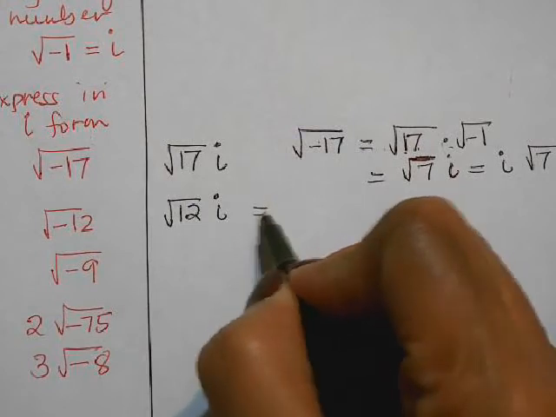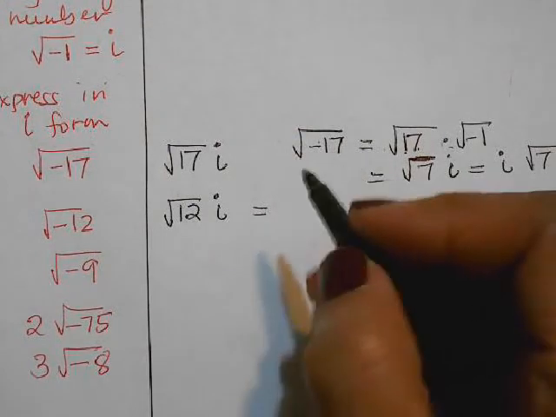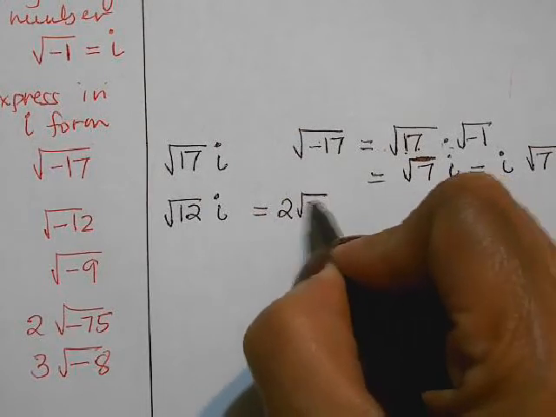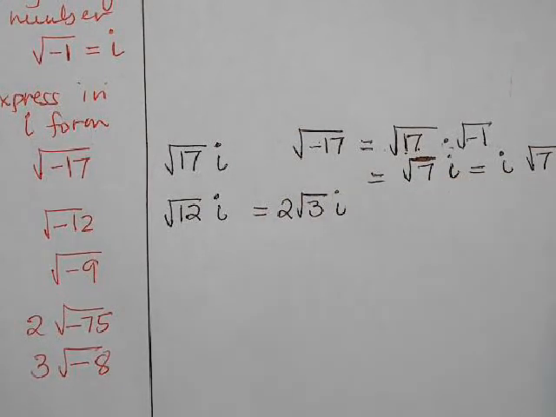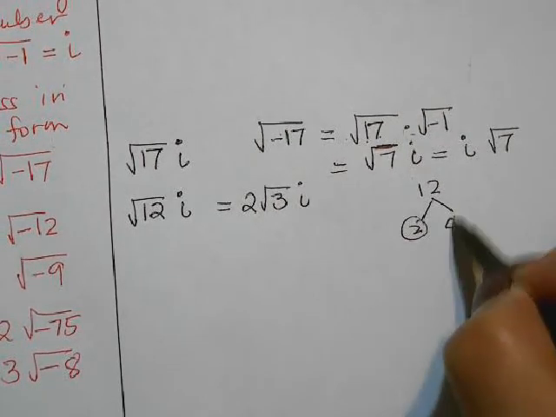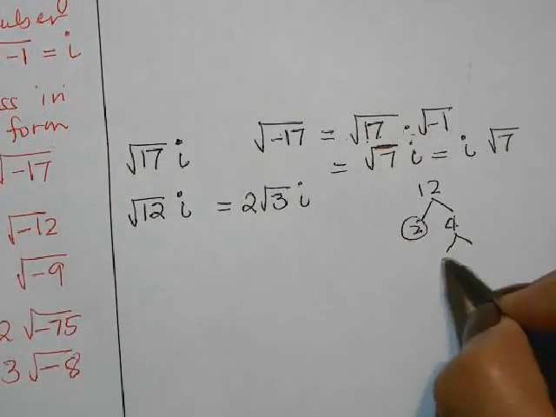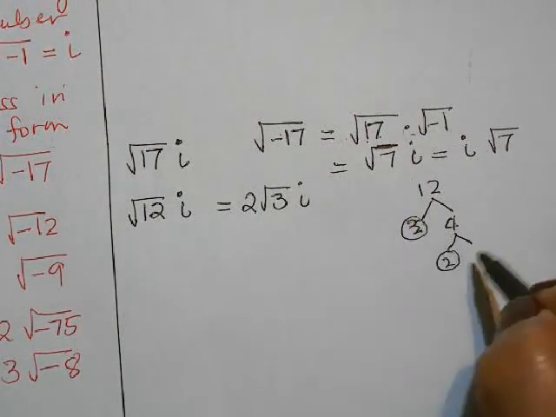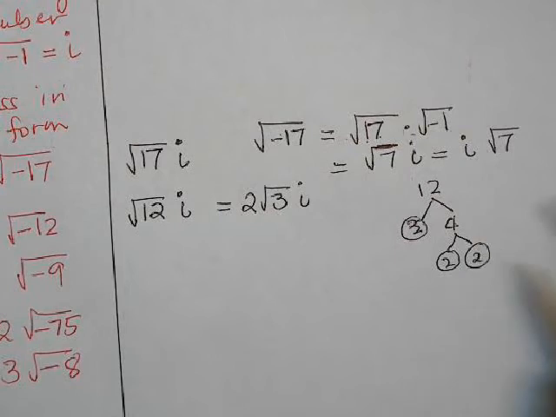Do the factors. I don't know what's your strategy. 12, when you do the factors, is 3 and 4, and then 2 and 2. So the square root of 12 is 2 square root of 3, right? Then you put the i on the outside.